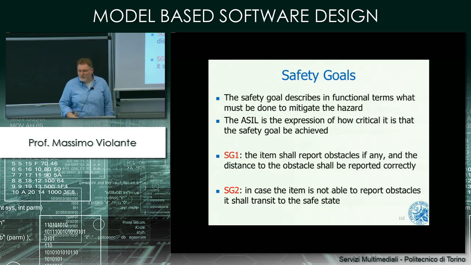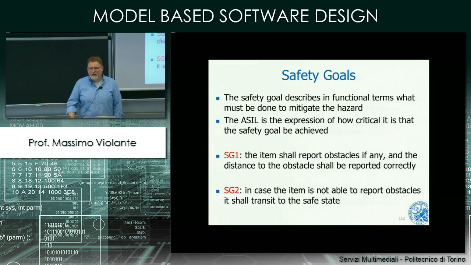Well, first of all, whenever there is an obstacle, we must be able to report it. So the safety goal could be: the item shall report obstacles, if any, and the distance to the obstacle shall be reported correctly. So if there is an obstacle, the item shall be able to tell me it is there, and the correct distance is this one.